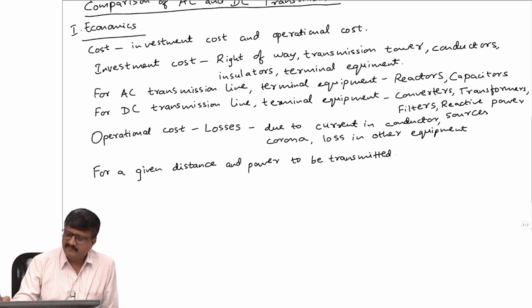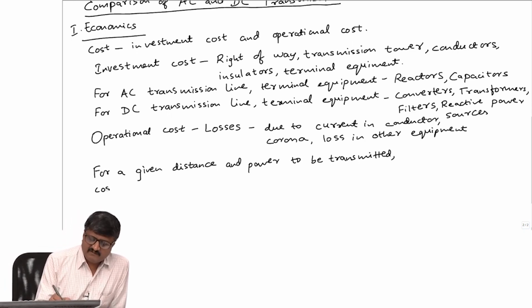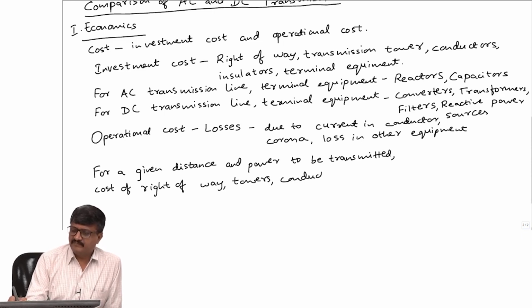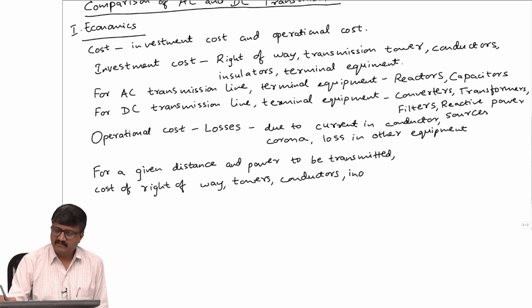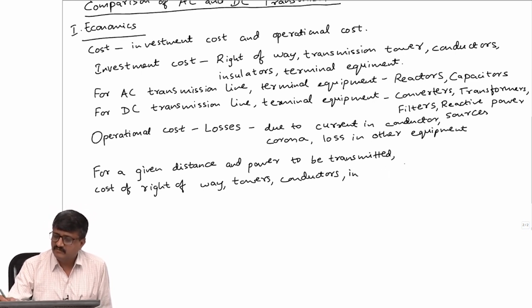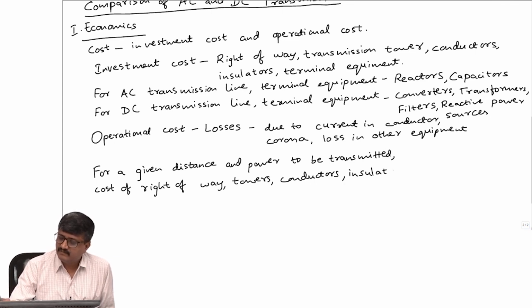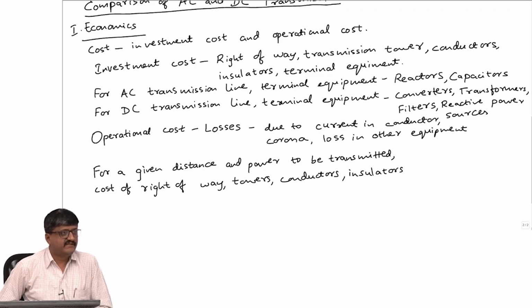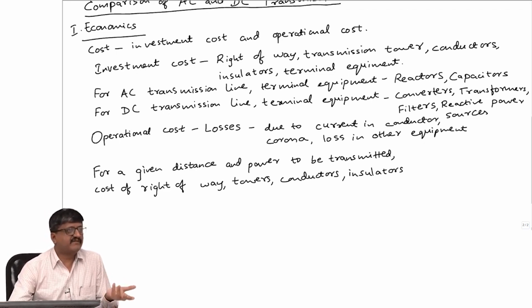So, first I take the cost of right of way, transmission tower, conductors and insulators. I will consider terminal equipment later. Now, which one has less cost, DC or AC? DC. Right of way is dependent on the number of conductors.